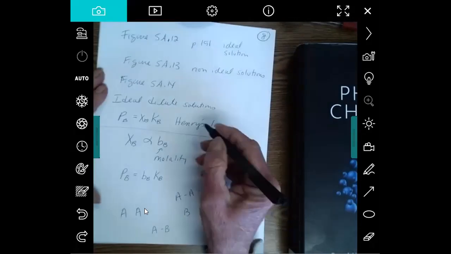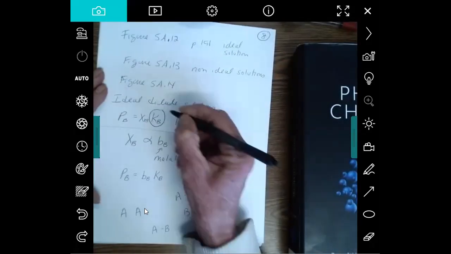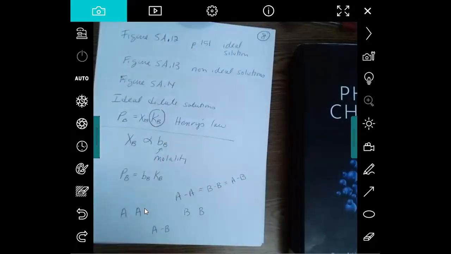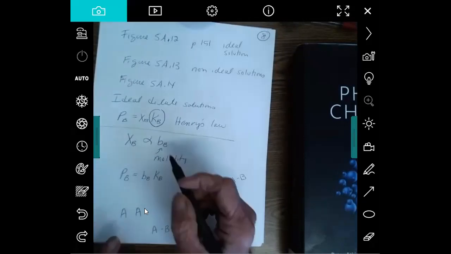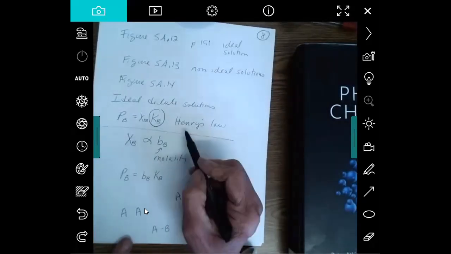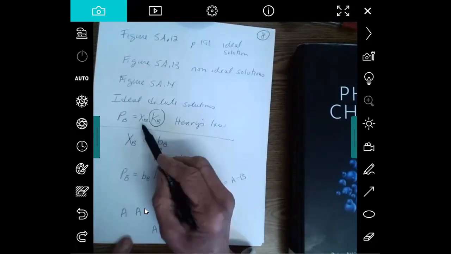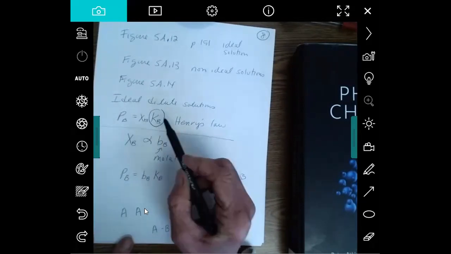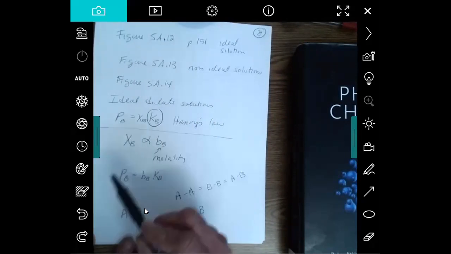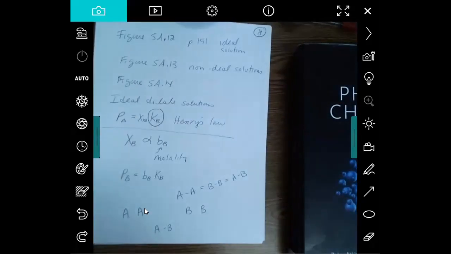For ideal dilute solutions, rather than this being P_B star, like it would be for an ideal solution in general, you have to measure this experimentally, and it's called Henry's law. The pressure of B is proportional to the mole fraction, but the proportionality constant is an experimentally measured number called the Henry's law constant.